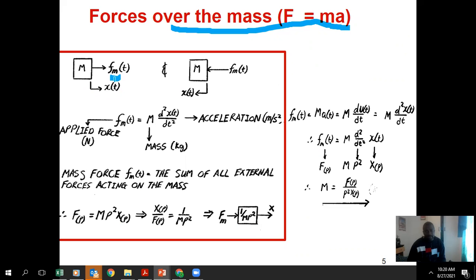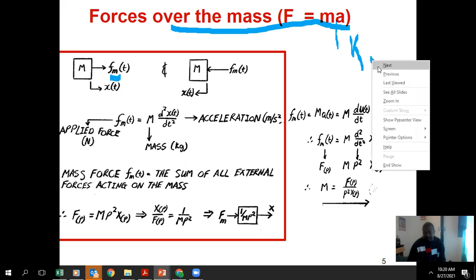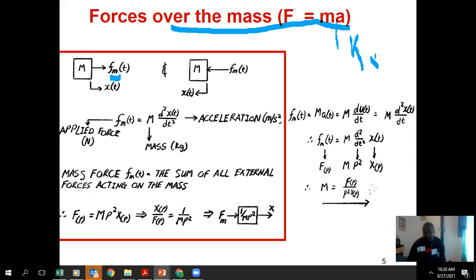But acceleration itself is a derivative of velocity, and velocity is a derivative of displacement. So you've got a second order derivative of displacement to get to acceleration. So that's what we have there: second order derivative of displacement multiplied by f.